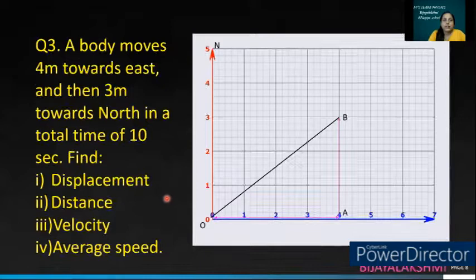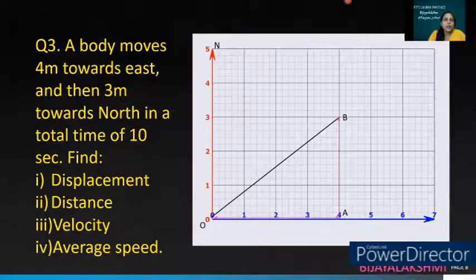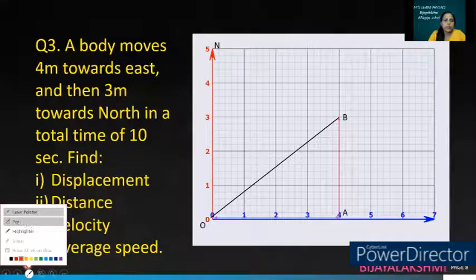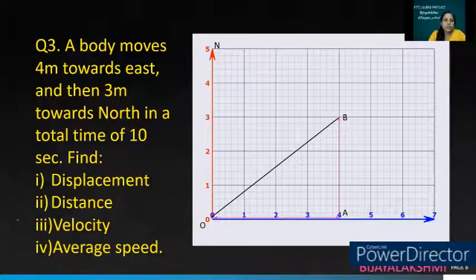For the third type of problem, a body moves 4 meters towards east and then 3 meters towards north. The total time for this process was 10 seconds. Find the displacement, distance, velocity, and average speed.